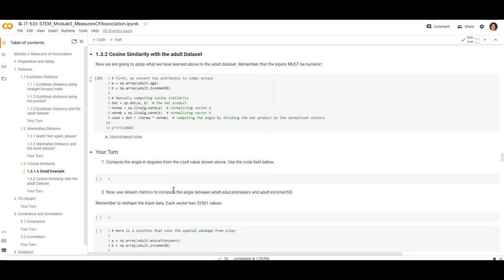And then again, the idea is to determine which angle is smaller, because when the angle is smaller, it means that the two attributes that you are comparing are closer to one another. So it will be possible for you to determine whether age and income USD are more closely related than education years and income USD, or vice versa.